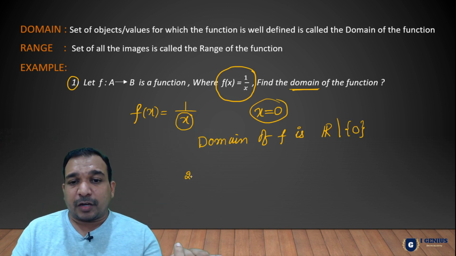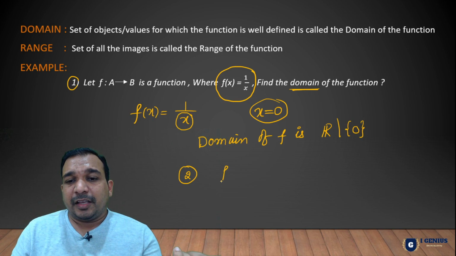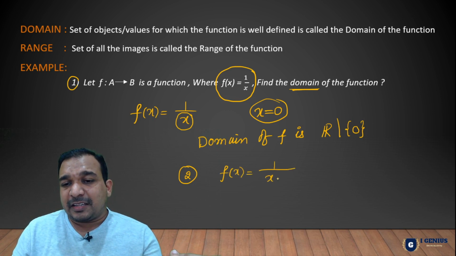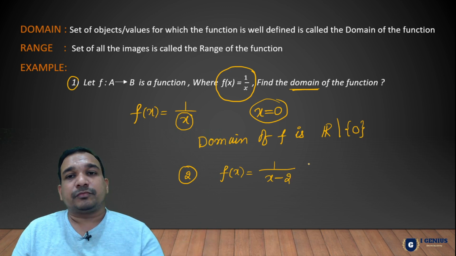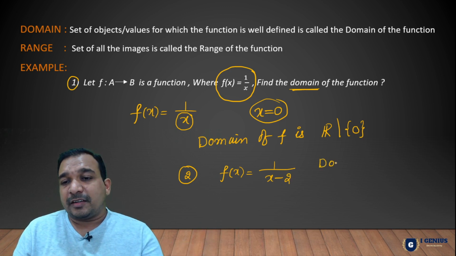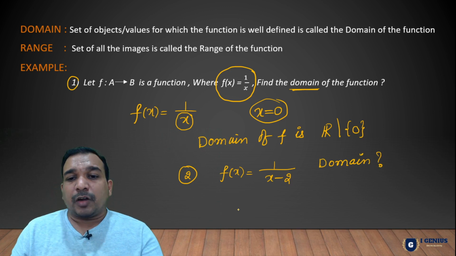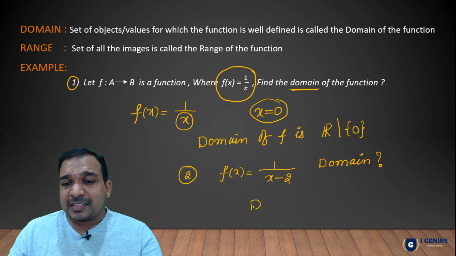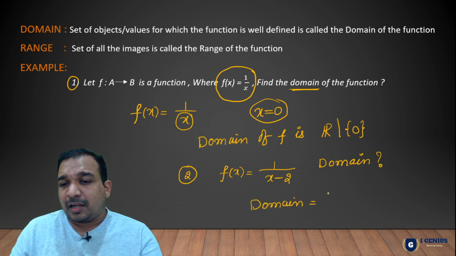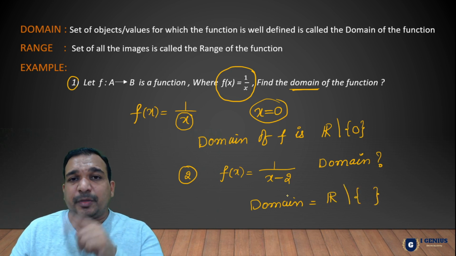Or if I give one more example, f of x is given as 1 by x minus 2. Find the domain. The question is, what is the domain of the function? As I said now, the domain is nothing but all the real numbers except those numbers where the denominator becomes 0.